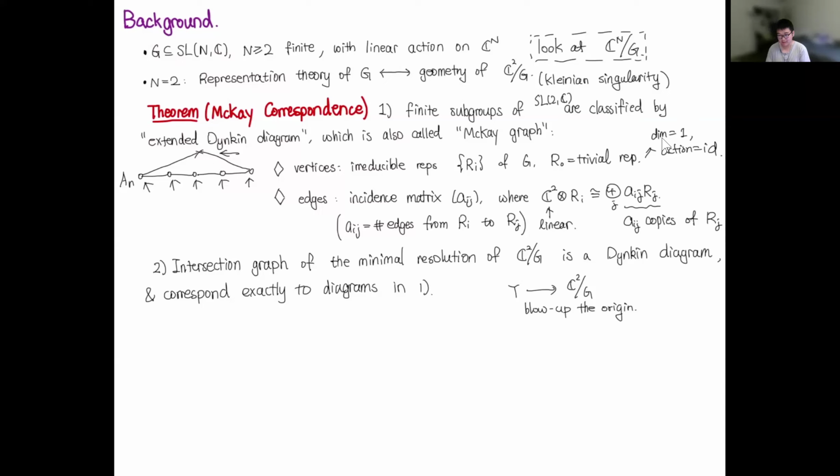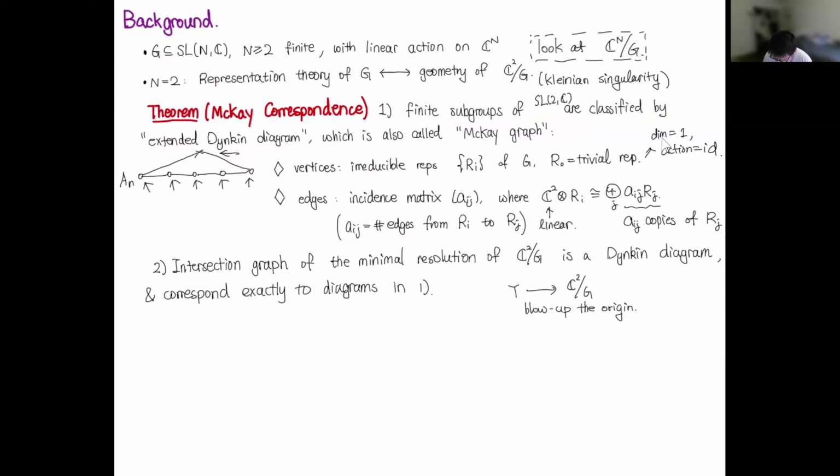Because if you blow up once, you get a P^1 inside the cotangent bundle of P^1, but there is still a group action on P^1 which has some further fixed points which you need to blow up.